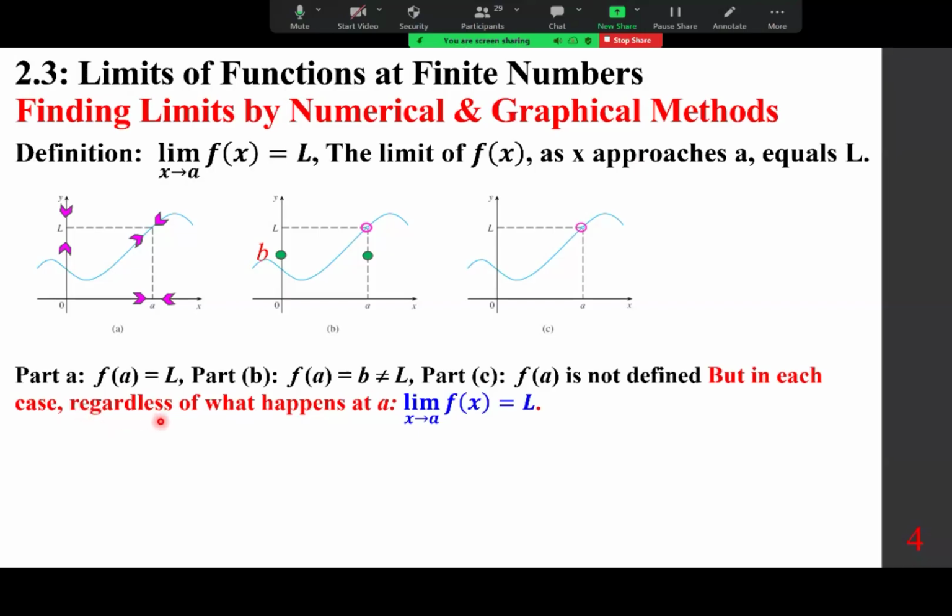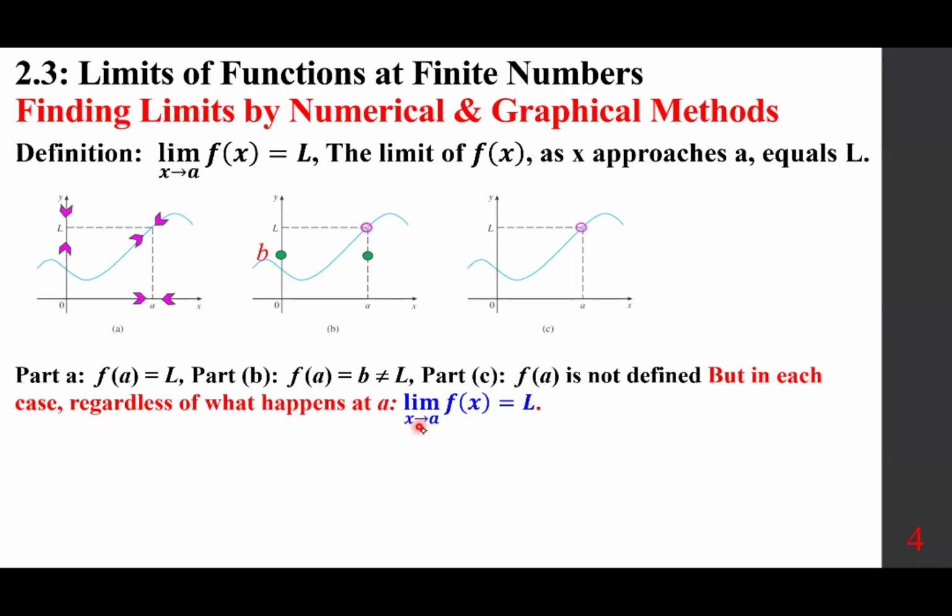But in each case, regardless of what happens at a, the limit of f of x as x approaches a is L, meaning we are interested in what happens near a, not exactly at x equals a.